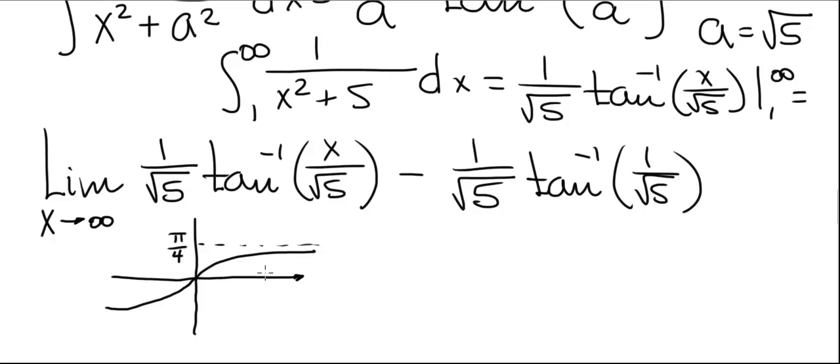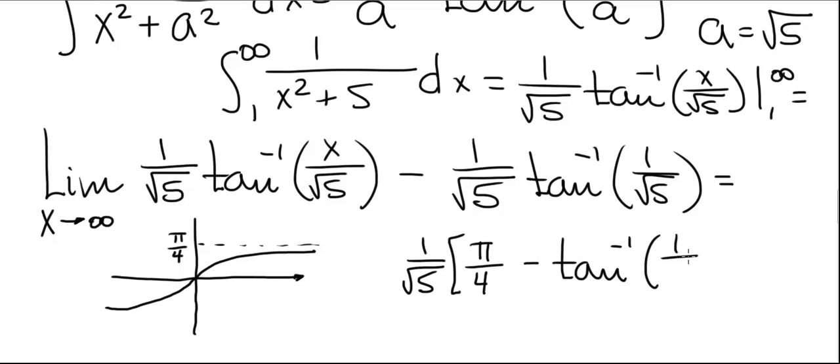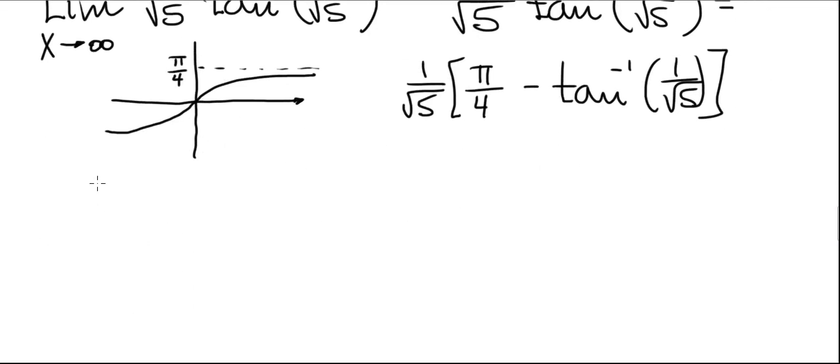So in other words, as x becomes larger and larger, inverse tangent is heading toward pi over 4. Therefore, this is equal to 1 over square root of 5 times pi over 4 minus inverse tangent of 1 over square root of 5. This is clearly a finite number. Therefore, the integral converges.